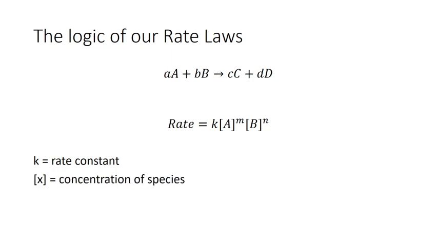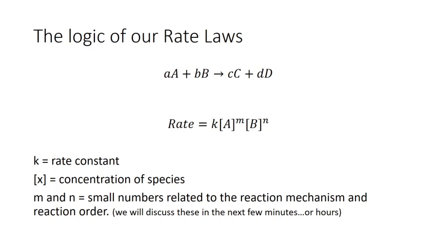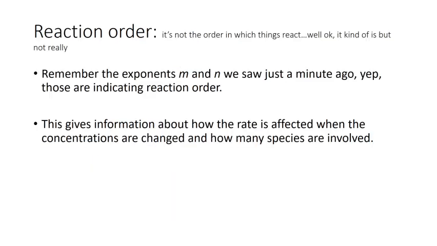The letters in brackets are the concentration, and M and N are small whole numbers related, or small numbers, I guess they aren't always whole numbers, related to the reaction mechanism and reaction order, which we'll talk about soon. So reaction order, right?